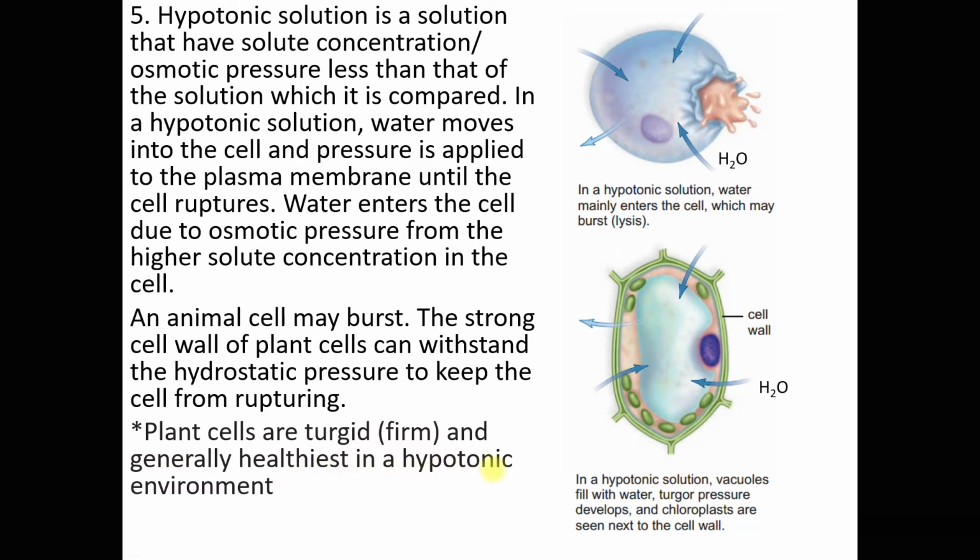Animal cells, or cells that lack a cell wall, are best in an isotonic solution. But cells with a cell wall, like plant cells, are best in a hypotonic environment. So in a hypotonic solution, what happens? The vacuoles will fill with water. Next, turgor pressure develops, and chloroplasts are seen next to the cell wall.